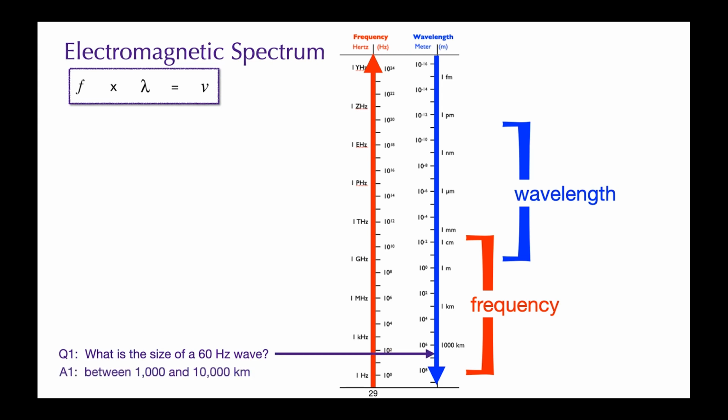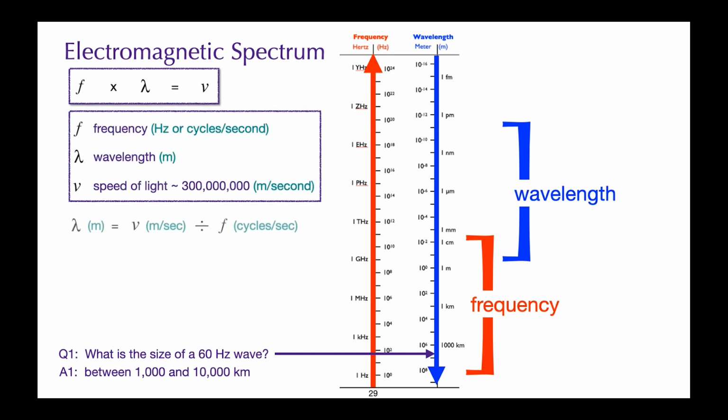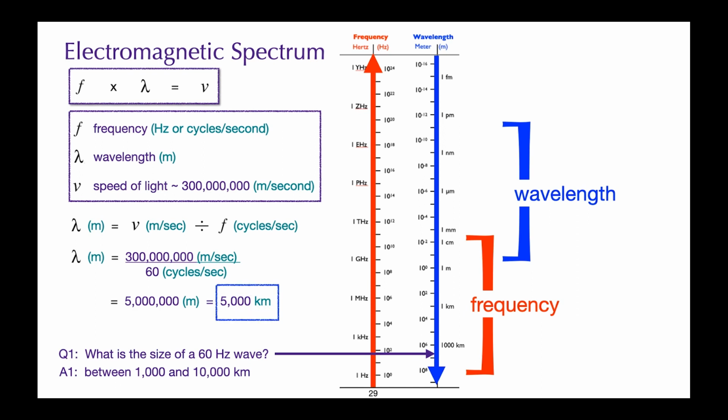We can go to this figure and we can see that the answer is between 1,000 and 10,000 kilometers. To make a more accurate calculation, we need to plug in the values into this equation, and provided we have the right units, we should come up with the right answer, which is 5,000 kilometers. So a 60 Hz sine wave is 5,000 kilometers long.